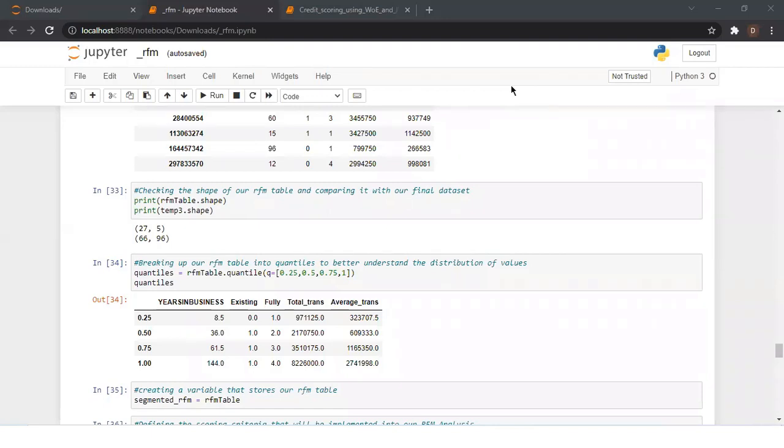So the monetary value is also important to ascertain the credit rating or creditworthiness of customers. Recency, frequency, and monetary value combined together are called the RFM model.